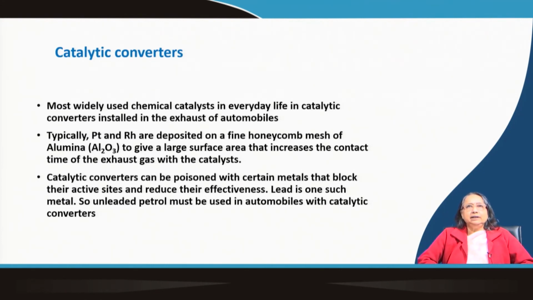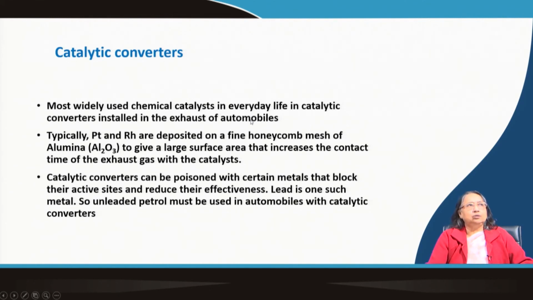Now, what is a catalytic converter? This is most important. The most widely used chemical catalysis in everyday life is the catalytic converter installed in the exhaust of automobiles. What is happening in the automobiles?